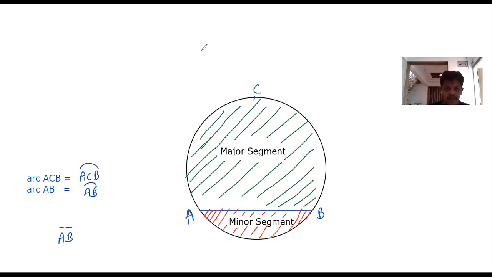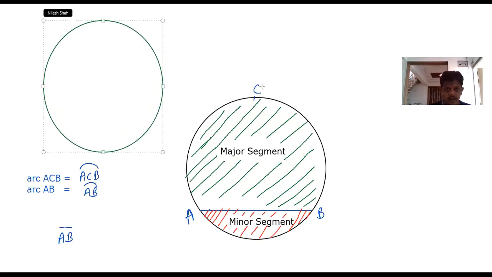Similarly, in a circle, if we have an arc, say AB is the arc, and the radii from the end points. So this OA and OB will be the radius. Yes or no?